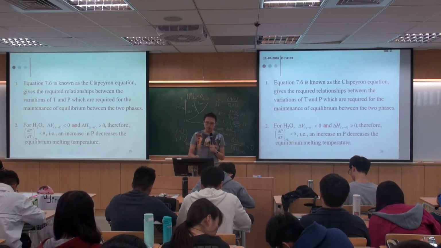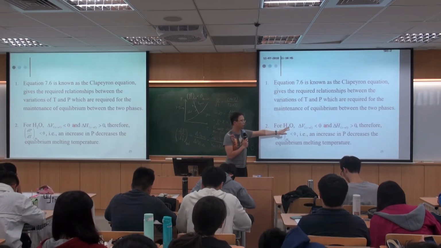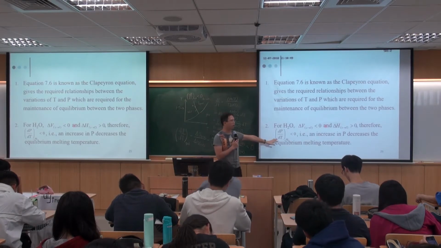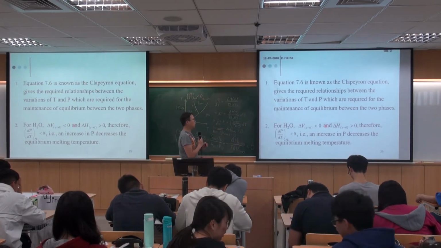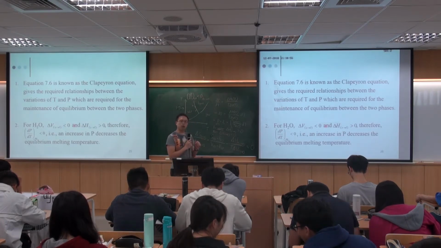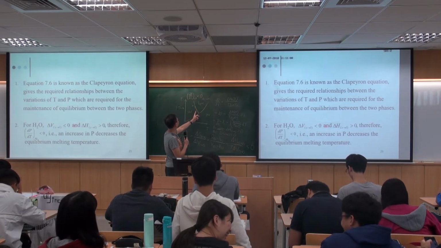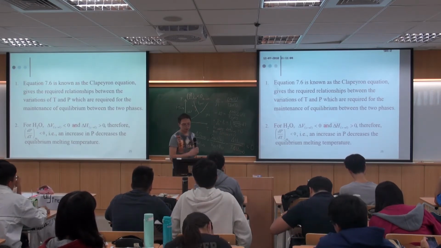And for water, like I mentioned earlier, since delta V to liquid is negative over here, therefore the slope is negative. So an increase in pressure decreases the equilibrium melting temperature. Okay, so an increase in pressure will decrease the melting temperature. The slope is negative.